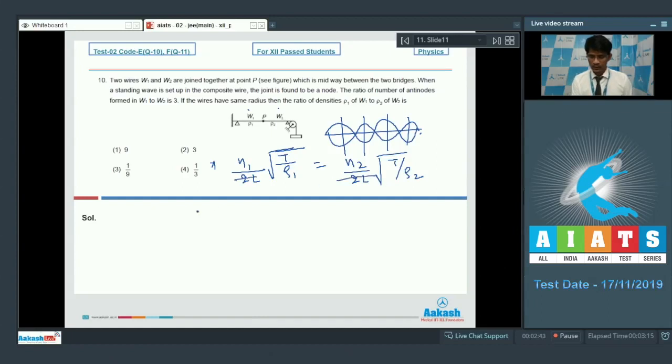This would cancel out. It's been given n1 by n2 is equal to 3, so it is 3 root under T by ρ1 is equal to root under T by ρ2, or 9 divided by ρ1 is equal to 1 by ρ2. So ρ1 by ρ2 is equal to 9.